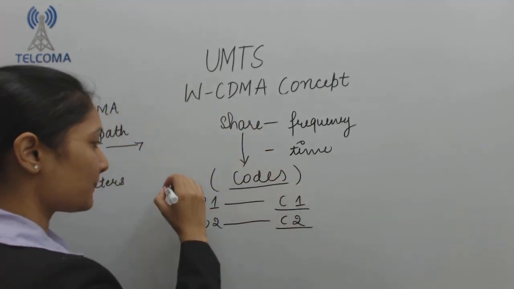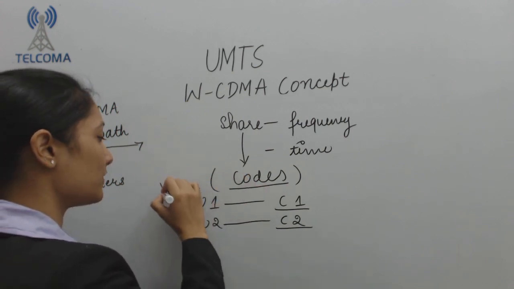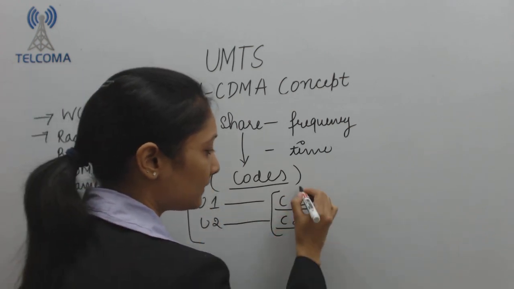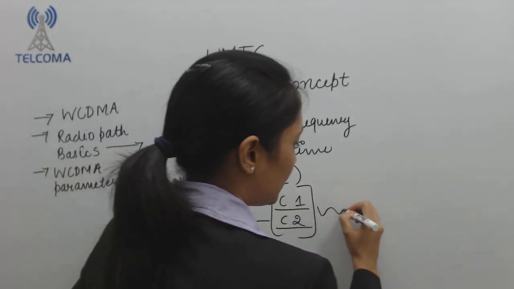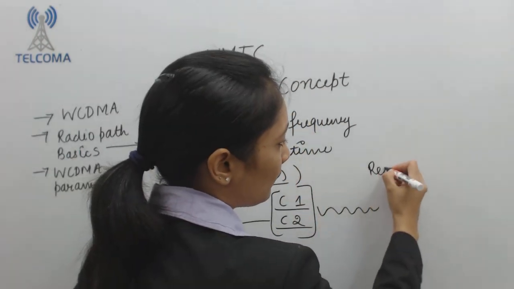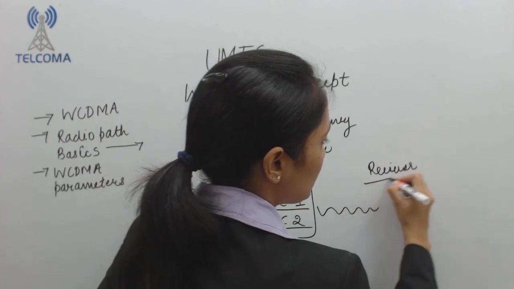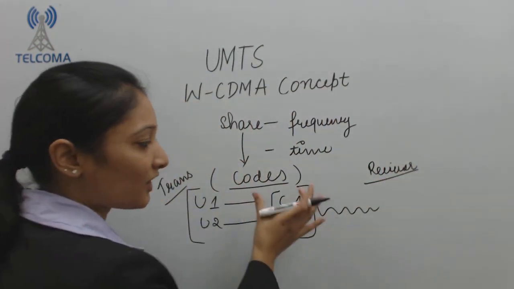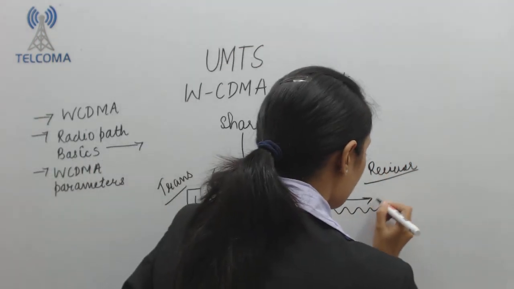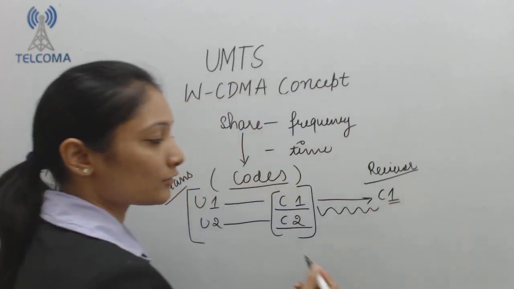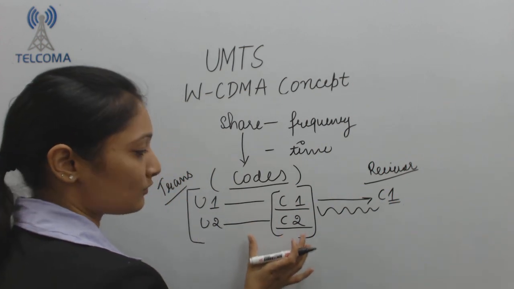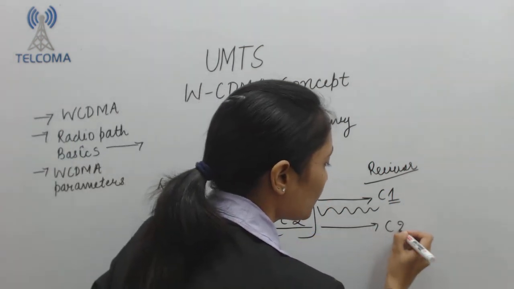So at the sending side, which is our transmitting side, these codes are used. The data is transmitted over the same frequency. Then at the receiver side, what will happen? The receiver will also have the same code. If the receiver has the same code C1, it will decode the information, and user 2 will decode the information if it has code 2.